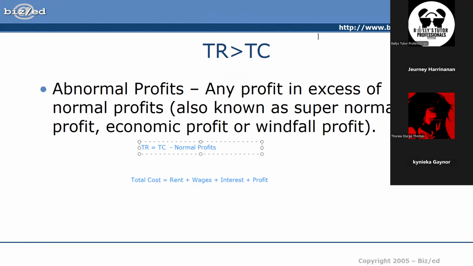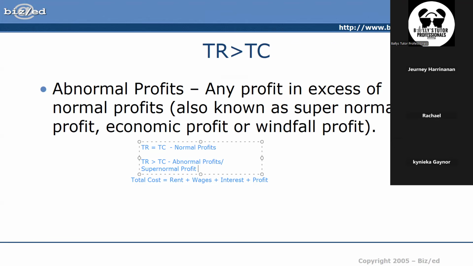If, however, our revenue is higher than our total cost, then we've made what we call abnormal profits or excess profits or supernormal profits. It just means they made more profits than they expected.